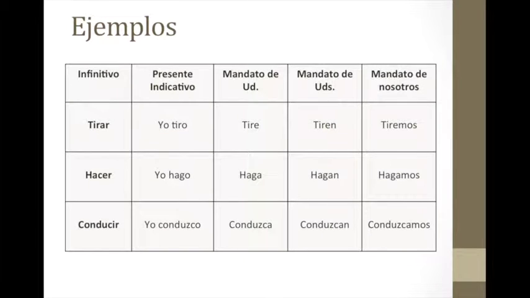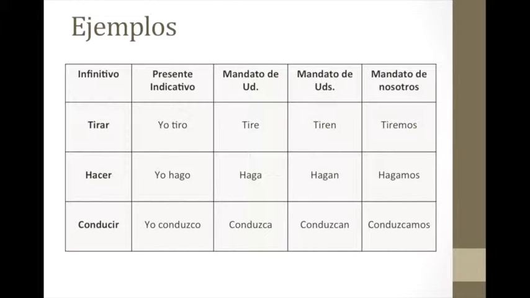So if we were going to look at some examples of these, tirar, to throw, the present indicative would be yo tiro. So the flipped ending for usted would be tire, the flipped ending for ustedes would be tiren, and the nosotros ending would be flipped as well, tiremos. Notice we start with yo as in yo hago, and then it becomes haga with a flipped ending, hagan, and then hagamos.